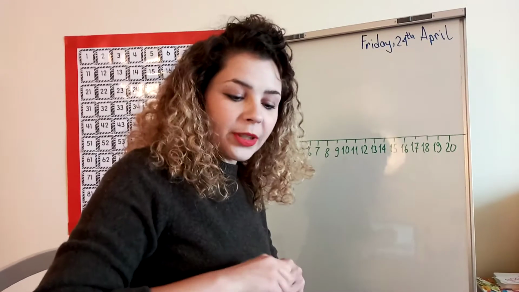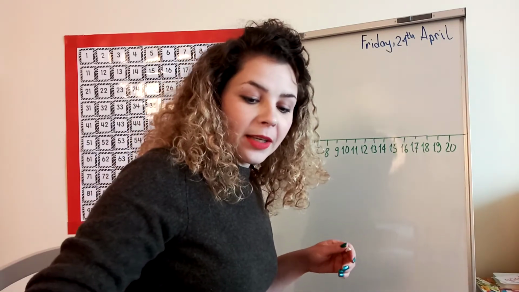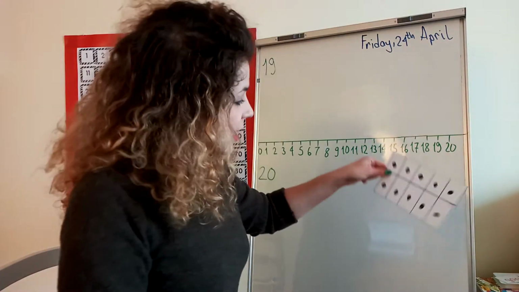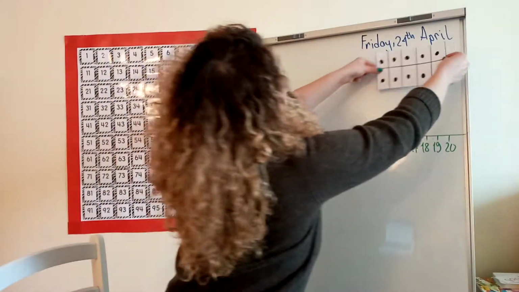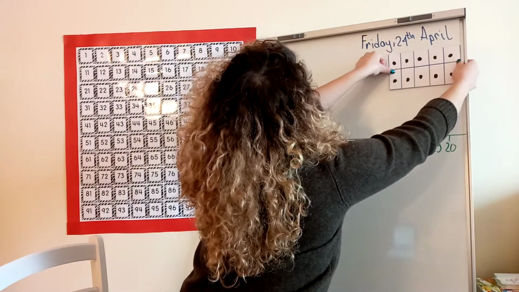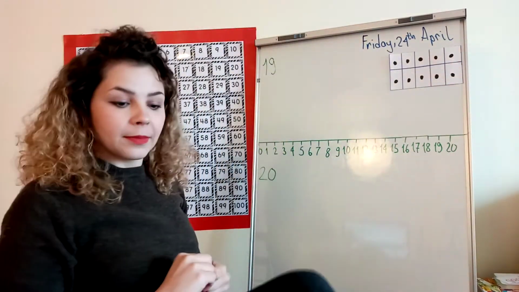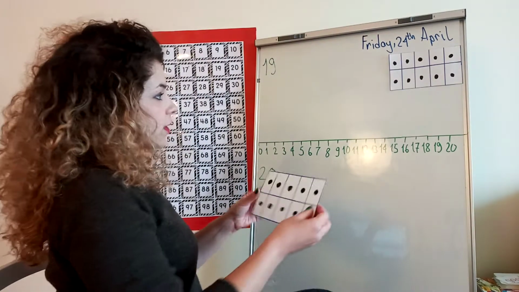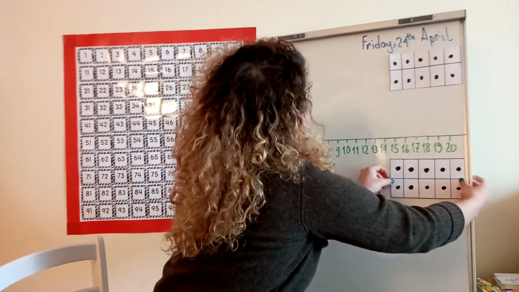So I'm just going to put up these 2 10 frames which represent number 10 already, okay, completely filled in. Here is 1. And here is the other. Okay, and then we're going to figure out what goes on the second 10 frame.